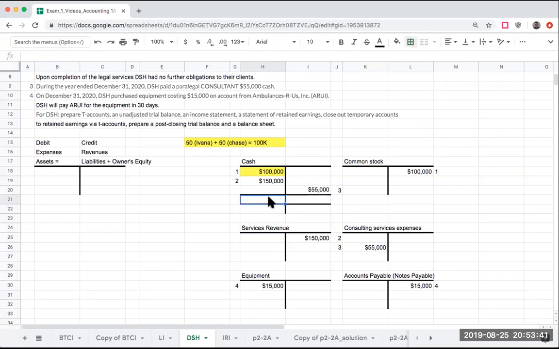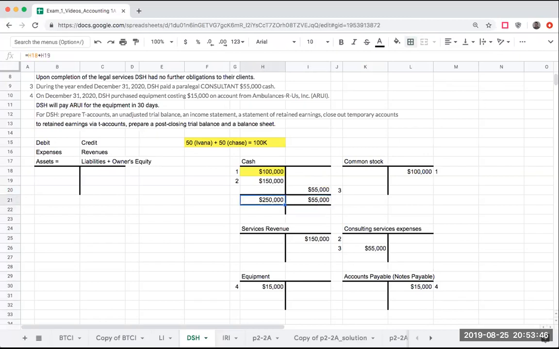And so right here, I had $250,000 of cash that I received. $100,000 was from the initial investment. $150,000 was from the revenue that I generated. However, I paid out $55,000 for the consultant.